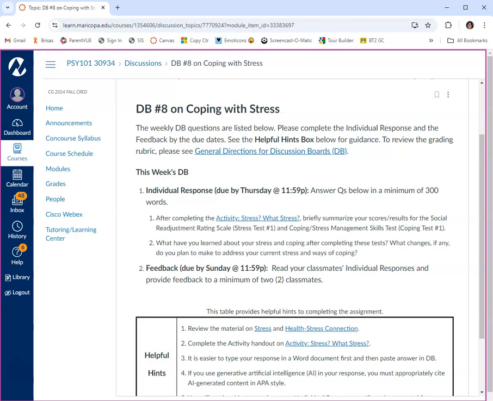The goal of this discussion board is for you to assess your current stress levels and reflect on what you can do to address your stress and find better ways of coping. When you prepare your response and prepare your feedback, you will see that all your classmates are going through stress, and maybe even the exact same type of stress. Nevertheless, you all are in the same place. And perhaps you can share how you are coping with it or how you would like to improve your coping styles.